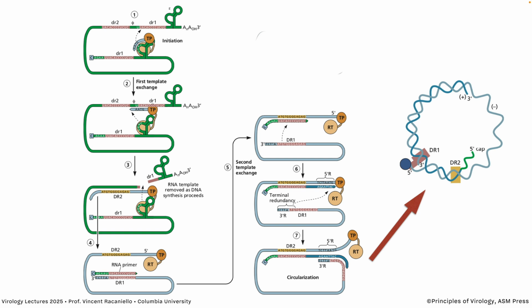So the reverse transcriptase begins to copy the sequences within this stem loop. And then the next sequence of events, there's a template exchange where that product goes to the end of the genome there, and the reverse transcriptase copies that. So there's no more copying of the 5' end here.